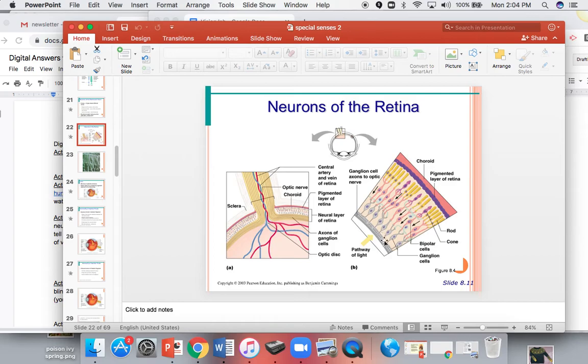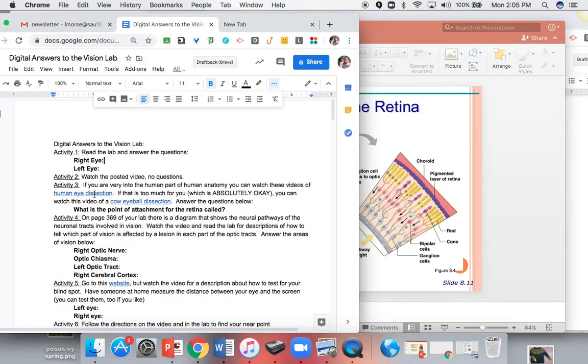Those axons here go out and they exit. These are them where the mouse is. And they exit out the optic nerve, which is also here, is the optic disc. And the optic disc is the place where the optic nerve exits the eye, and that's the blind spot. We will talk about finding your blind spot in a minute. All right, so that's activity 2.